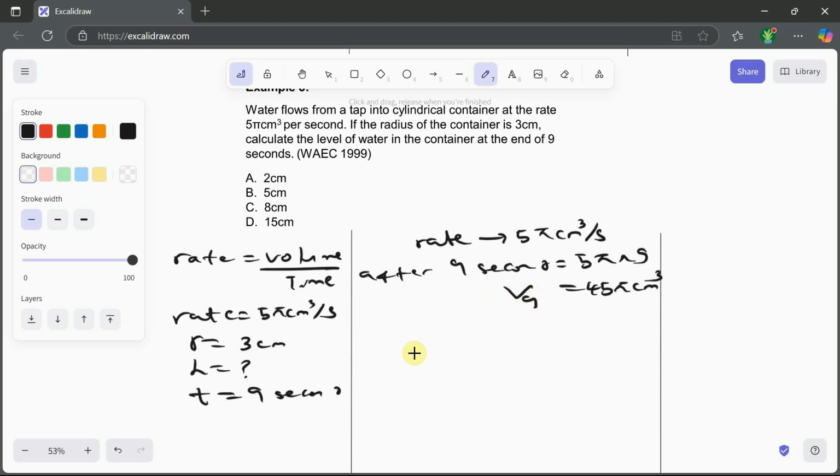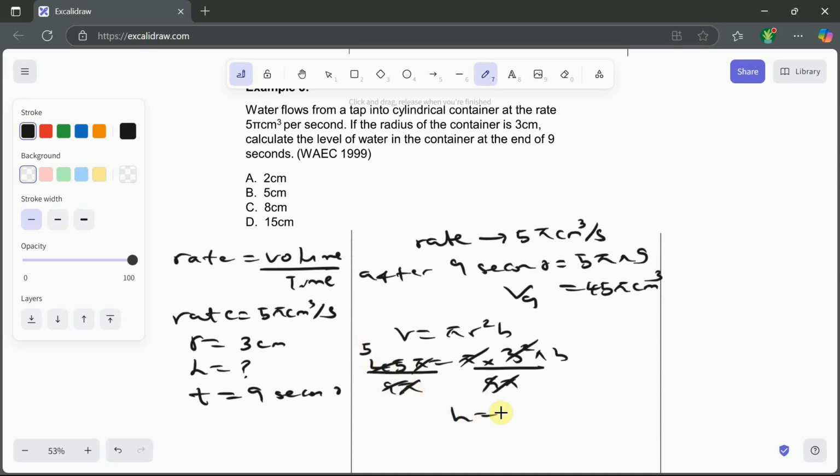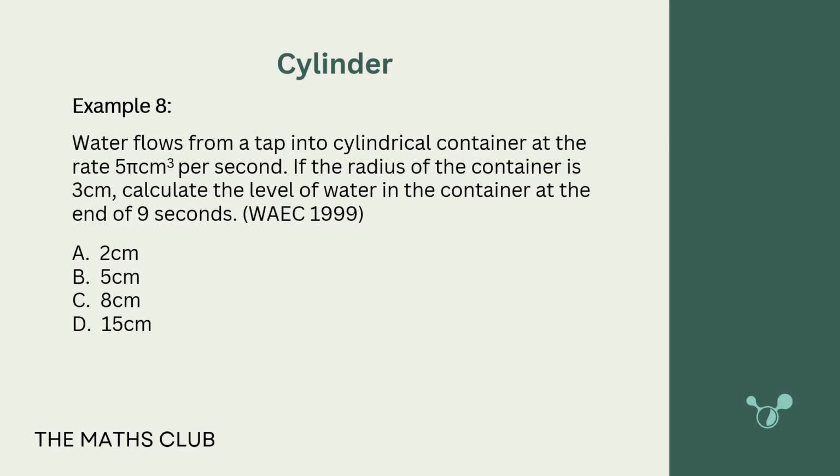Great. So for a cylinder, we know that the volume is pi r square h. So this 45 pi is equal to pi times 3 squared times h. If I divide both sides by 9 pi, 3 squared is 9, so 9 pi. 9 will cancel 9, pi will cancel pi, 9 will cancel 45, which will give me 5. So my h here is 5 centimeters. So this is how high the water has risen after 9 seconds. And that is option B.